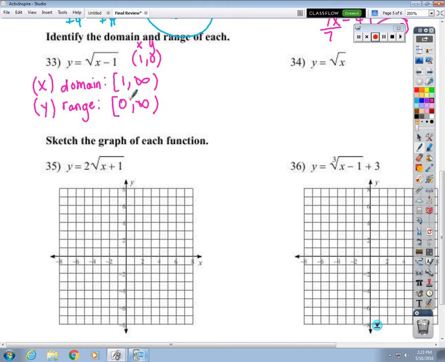The graph touched there. On the test, this is how they're going to write it. X is greater than or equal to 1. It means the same thing. If I tell you 1 to infinity, isn't that 1 and up, basically? Or in this case, 1 and right, because we're talking about the x-axis. Well, isn't x is greater than or equal to 1 the same thing? 1 and right?